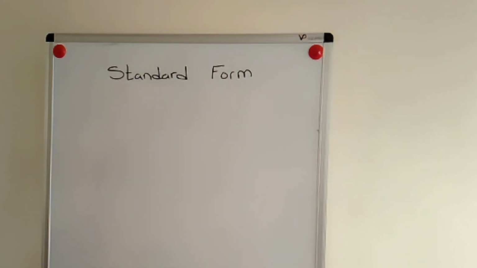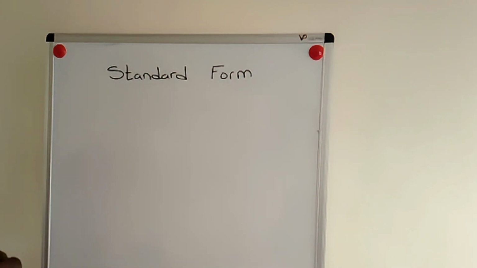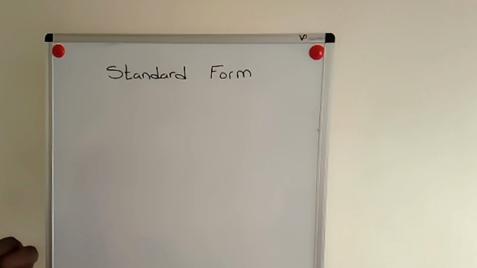It is important for you to know that we use standard form whenever we want to write very big or very small numbers in a more convenient way. That's when we use standard form. It's just that simple. Any number can be written in standard form, and you need to know how to do that.